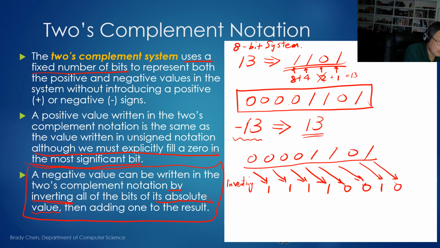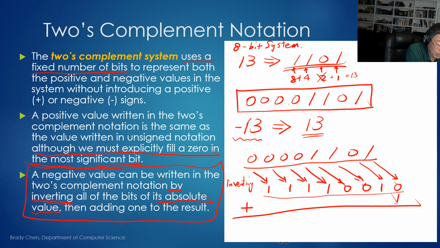So that's the inverting. And then we add a 1 to the result. So this number plus 1: 0 plus 1 is 1, so we get 1, 1, 1, 1, 0, 0, 1, 1. So that's the two's complement representation for negative 13.